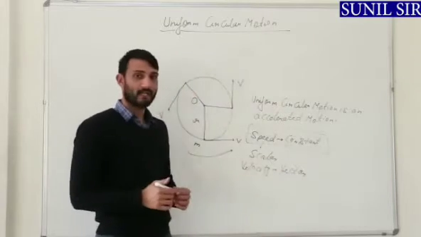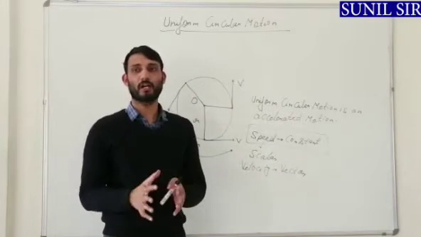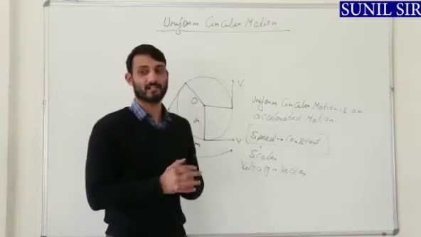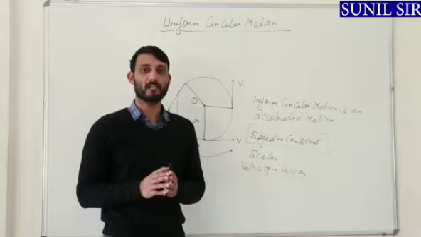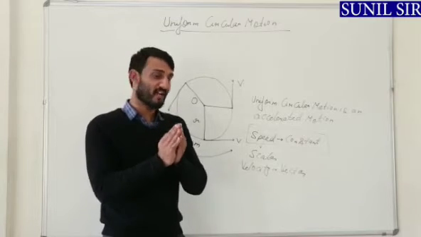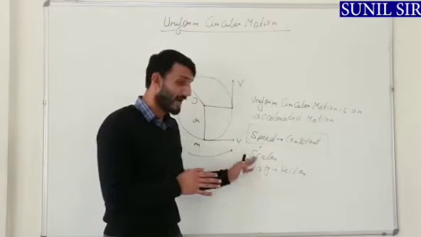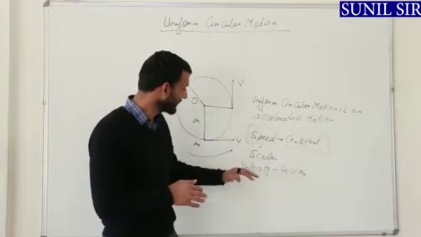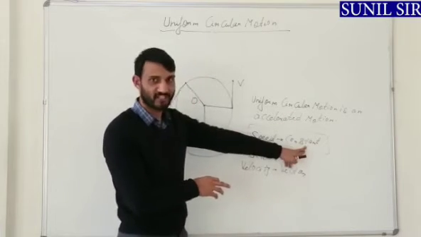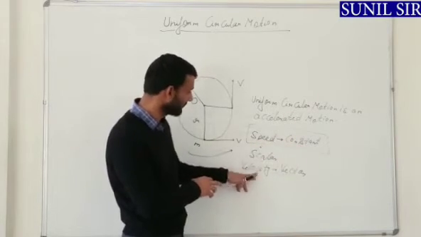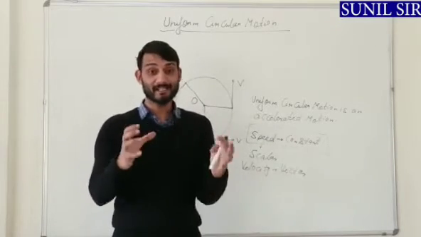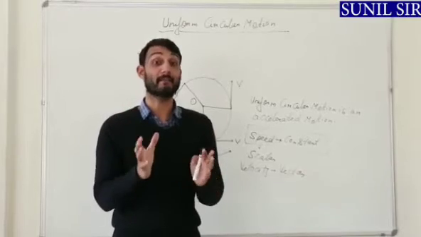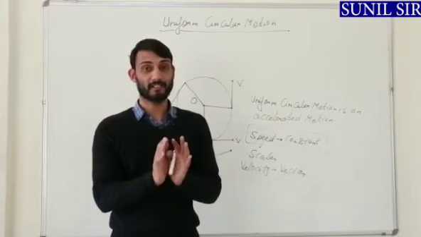Scalars are those which do not have direction, they have just magnitude, whereas velocity has magnitude as well as direction. In this case, since the speed is constant, the magnitude of the velocity will be constant. It means the magnitude of the velocity will not increase or decrease.